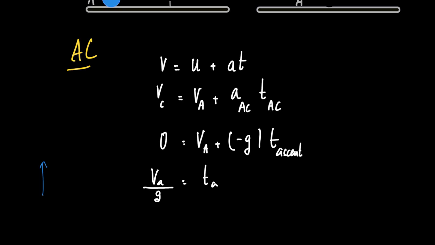An object is thrown upwards, so velocity is positive. Acceleration due to gravity will always act downwards, so it is negative g. Displacement is acting upwards, so S is positive. So velocity is positive, and acceleration here is negative g. So the time to reach the apex position is VA by g, something that we have derived many times.